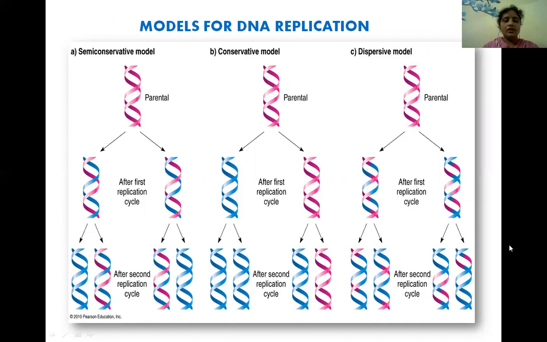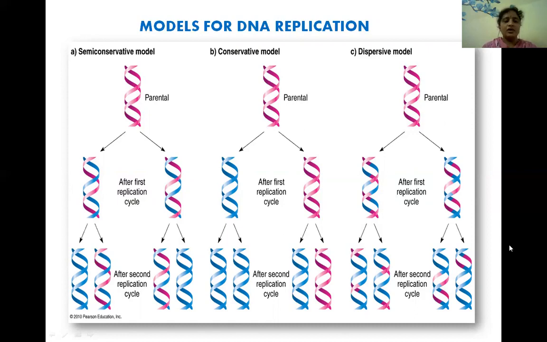In this model, the two parental DNA strands separate, and each contains one parental strand and one newly synthesized strand. Therefore, the mechanism is called the semi-conservative model. Next, let us go to the conservative model.